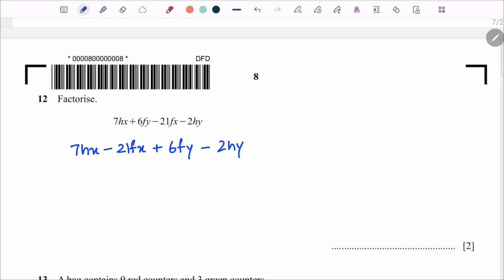Then I'll take the common digits, 7 and x is also common, so I'll take 7x bracket h minus, 7 3s are 21, so 3f, plus here I'll take 2 and y common, 2y bracket, 2 into 3 is 6, so 3f minus h.